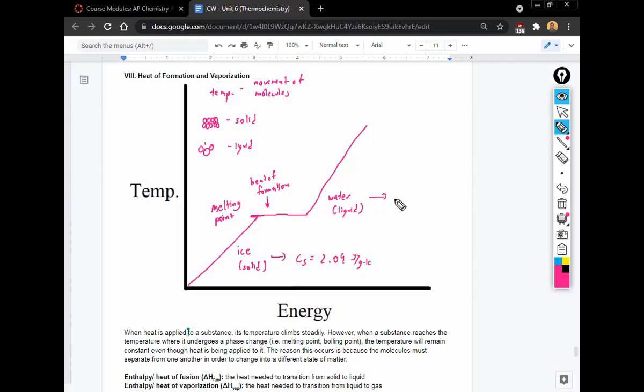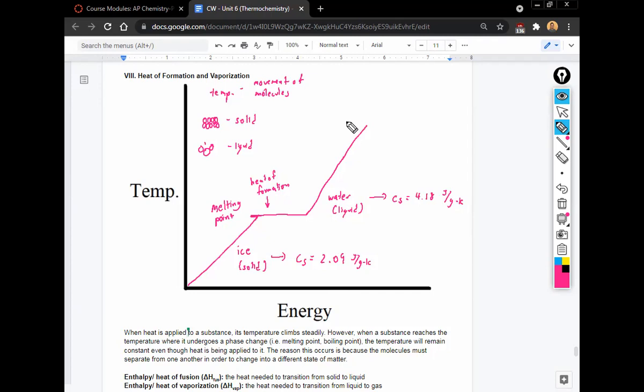We know that water has a specific heat of 4.18 joules per gram Kelvin. So ice and water have a different specific heat. Okay, it takes less energy to heat up ice than it does to heat up water. But the heat of formation is different from those things as well. It's the energy it takes to break the molecules apart. Okay, and we'll talk about how to use that in just a second.